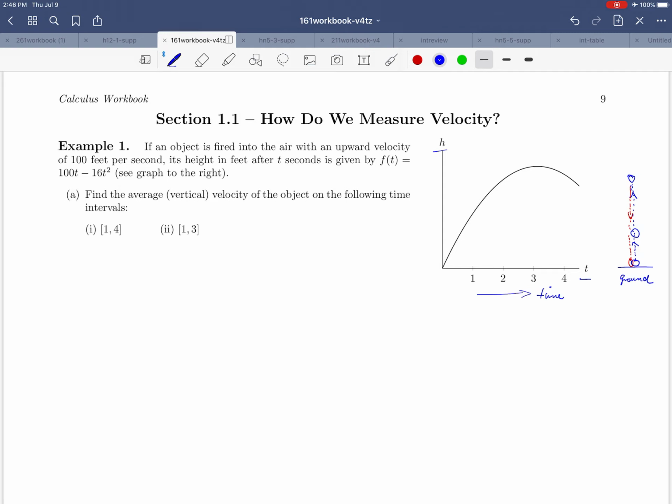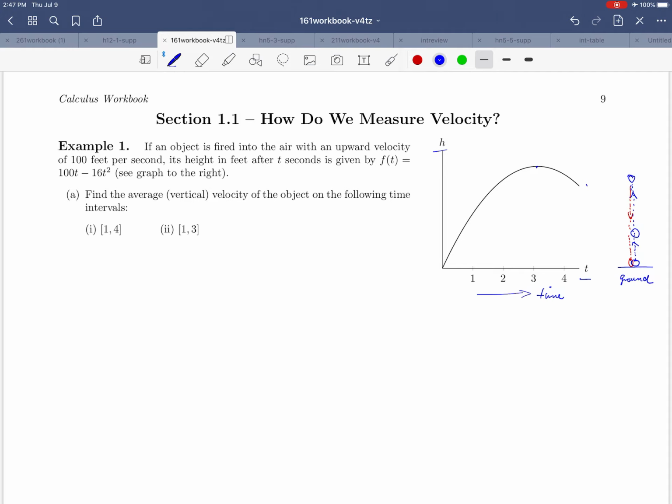At some point, it reaches its highest height right here, and then it's coming back down. It's losing height again. And we don't see the whole story. We are stopping after 4 seconds. But if we continued with time on the horizontal axis, if we kept going, we would hit the ground again eventually.